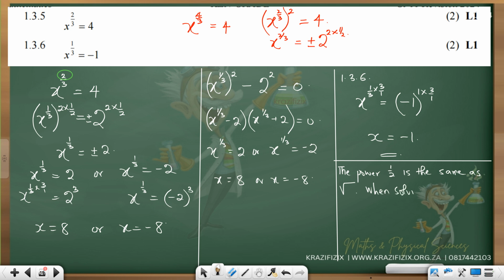And we did this earlier: when solving and you introduce a square root, it comes with plus or minus.